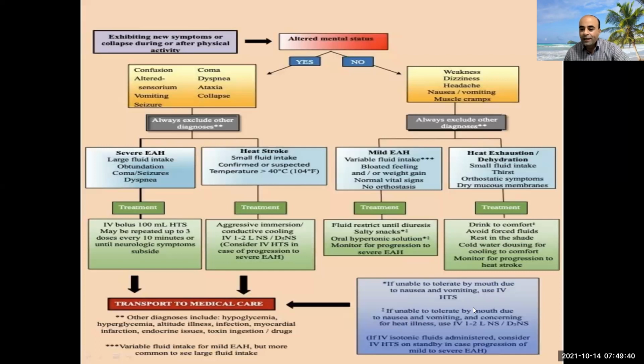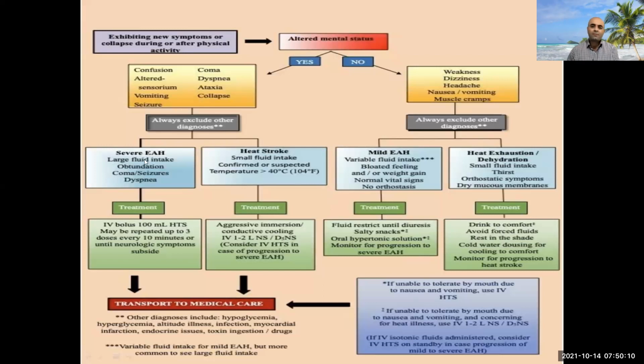If unable to tolerate by mouth due to nausea and vomiting, and concerning for heat illness, use IV. This is our patient here: just use IV 1 to 2 liters of normal saline. If IV isotonic saline is administered, consider IV hypertonic saline on standby if your patient progresses to mild or severe exercise-associated hyponatremia.